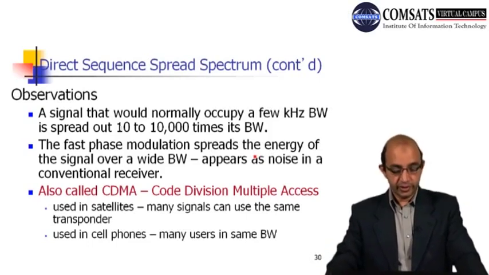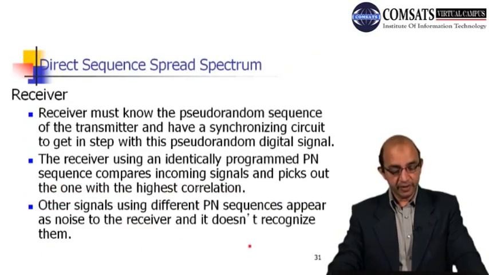It's also called CDMA, code division multiple access, and this technology is being used in satellites. Many signals can use the same transponder, used in cellular communication, many users in the same bandwidth.